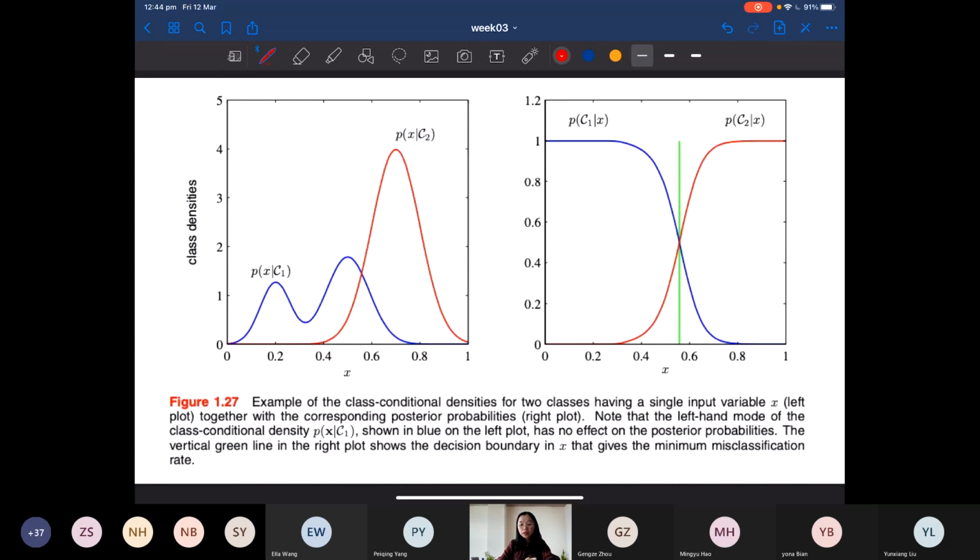On the other hand, if we estimate the posterior of the class, it turns out that the posterior is not bimodal. As long as we know the blue curve is larger than the red curve to the left of 0.5 or something, then we seem to be fine, right? So it is a modeling decision deciding which quantity to model.